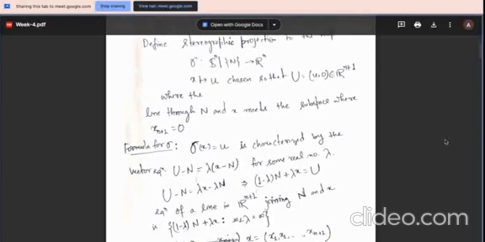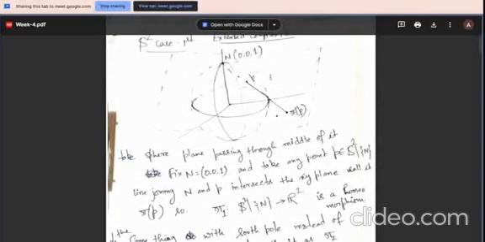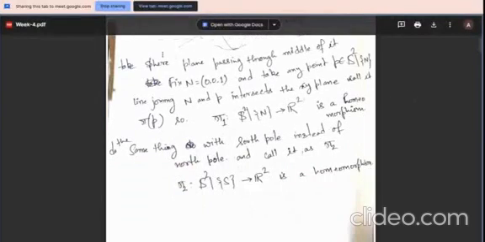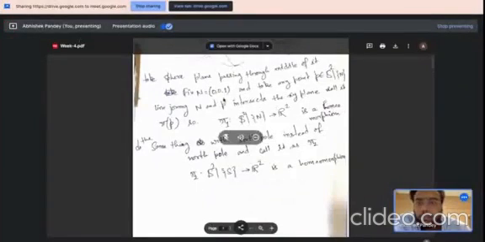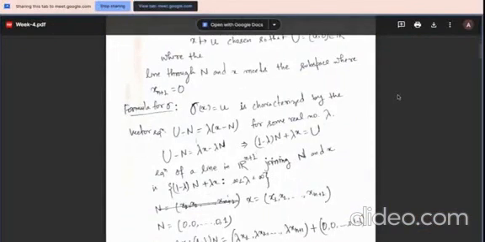What would be the formula for this function? Phi of any point will be the intersection point P. We define the stereographic projection as the map sigma, which sends x to u, where u is u comma 0 in R n plus 1.